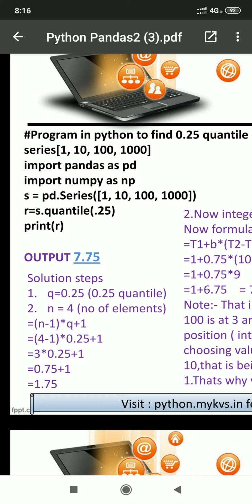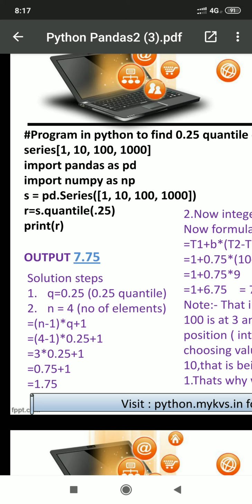If we think of the 50% position, we cannot say directly which number it will be, but if we divide these numbers into 50% parts, it means 1 and 10, and 100 and 1000. But we want to find exactly the center position, it will be in between 10 and 100. There will be some number which exists in between 10 and 100. So how can we find that exact number at the center position of all these 4 numbers?